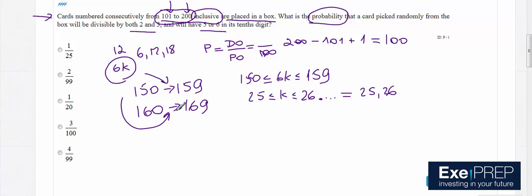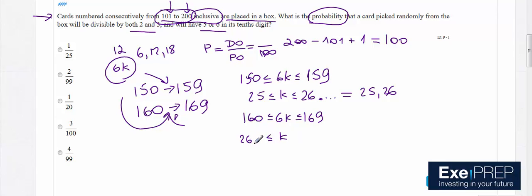Now let's go to the next range. Let's put our 6k in here. Okay, so we will have 160 is less than or equal to 6k and less than or equal to 169. You can divide things now, but I would tell you that our k is in the range of, wait a second, so it's a bit more than 26.